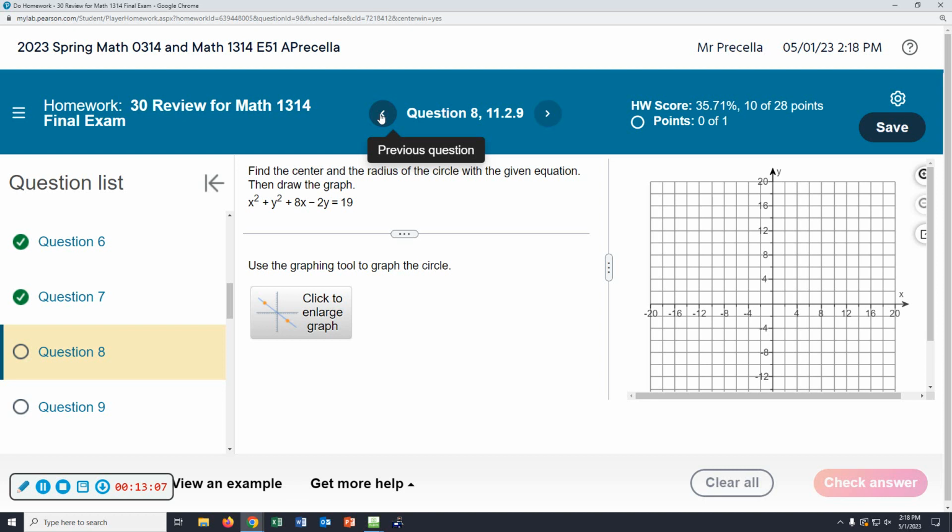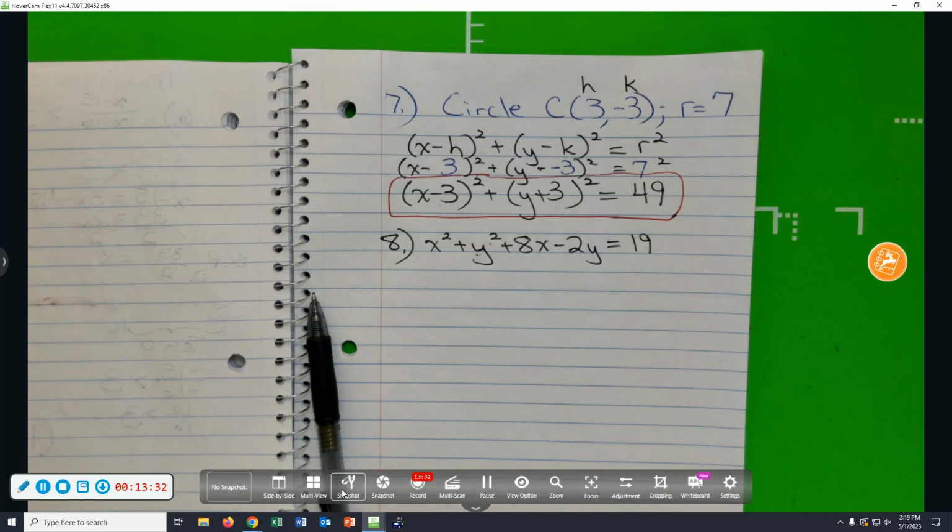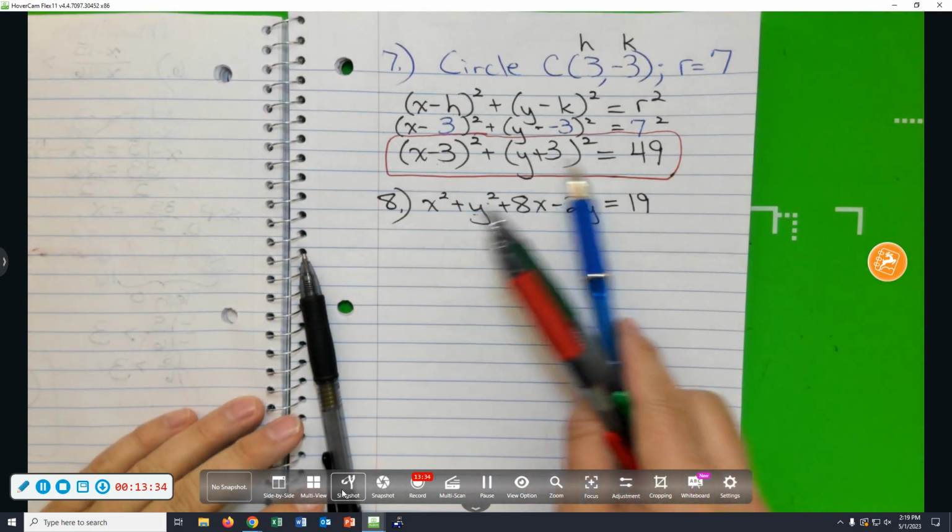X minus h squared plus y minus k squared equals r squared. Okay, make sure I didn't miscopy the problem. X squared plus y squared plus 8x minus 2y equals 19. There. So, we need it to look like this.